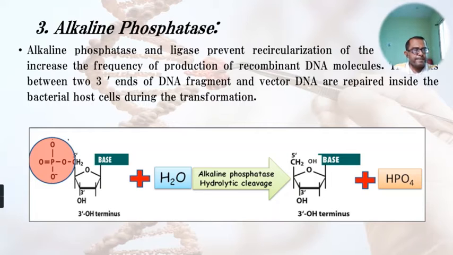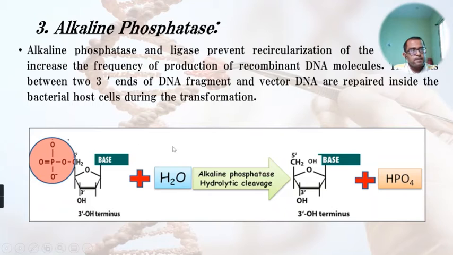When we use alkaline phosphatase and treat the fragments of that plasmid which are produced by the restriction endonuclease enzyme, this enzyme removes the phosphate group which is present at the 5' end of the DNA molecule.